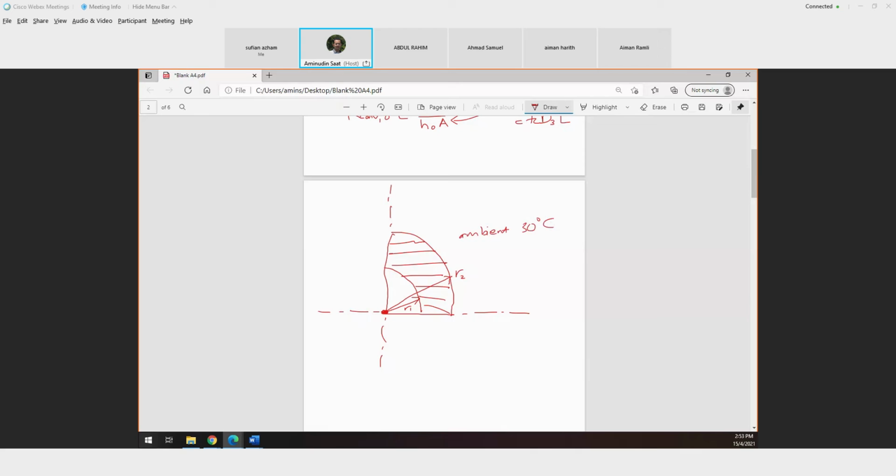So basically if you want to draw the resistance, assuming this is a hollow cylinder at room condition.